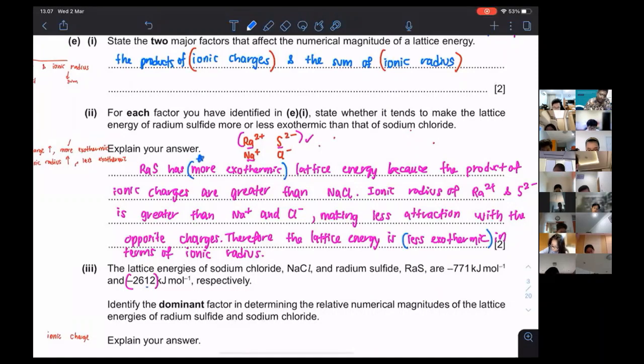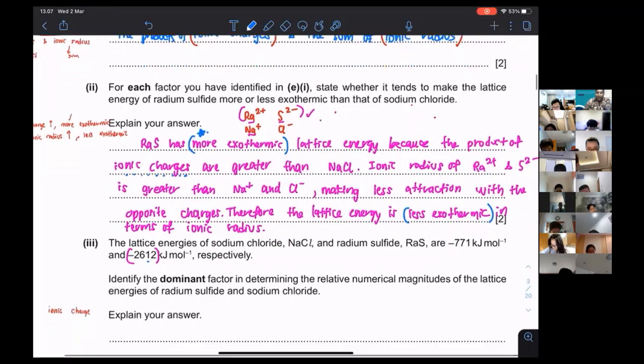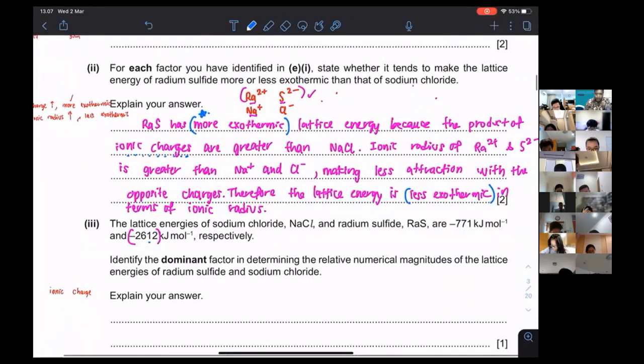They ask us to identify the dominant factor: is it the ionic charge or the radius? Since this is the one they focus on, the dominant factor is the ionic charges.